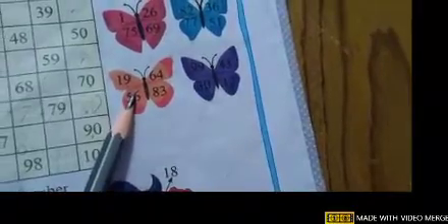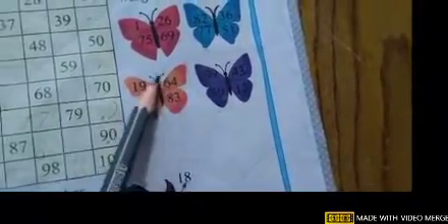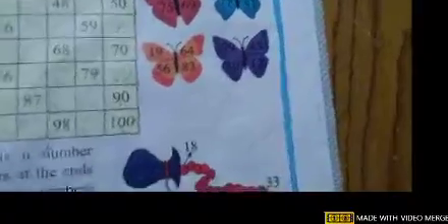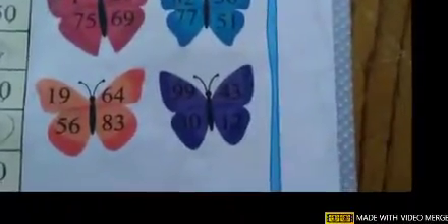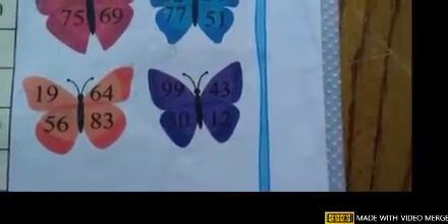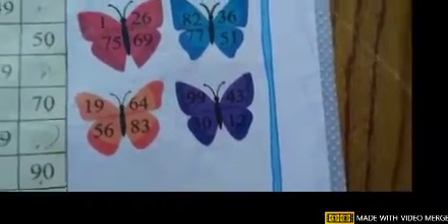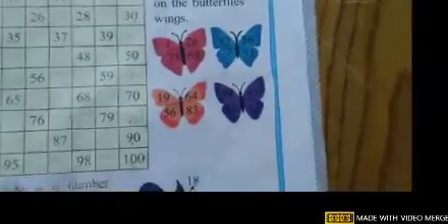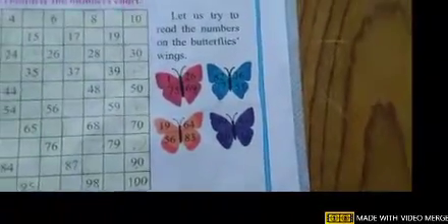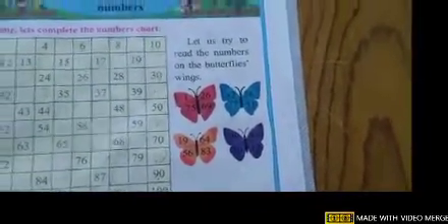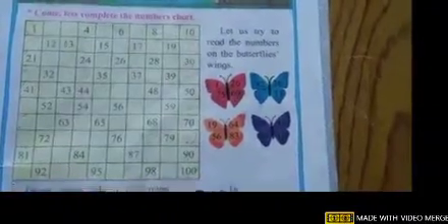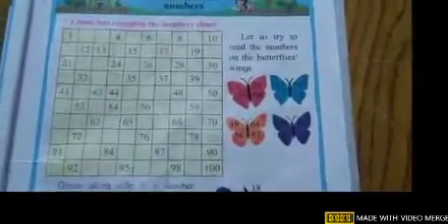Then 56, 83, 64. Then after that, 99, 43, 30 and 12. I hope you have all understood these numbers and that you can read them all out correctly, yes or no?